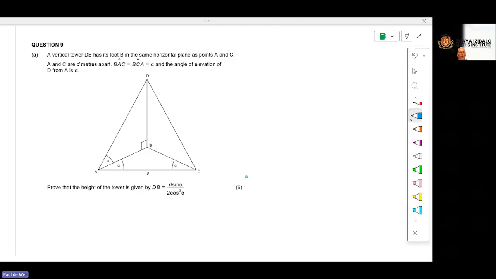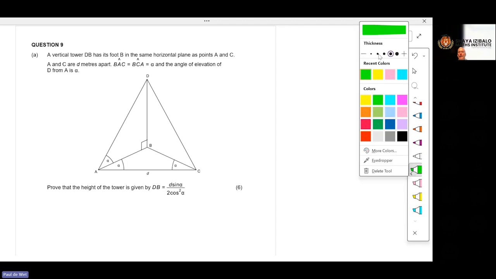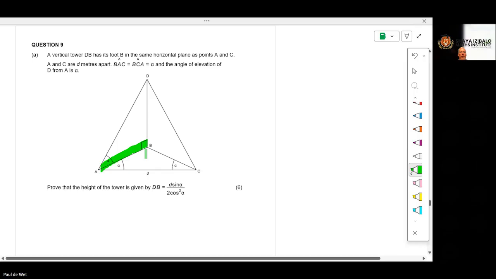Bridges. Right. So the reason we're calling this a bridge, guys, is that this side AB is in two different triangles. And if I can find it, then I can use it in this vertical triangle ABD. Right. Carry on.